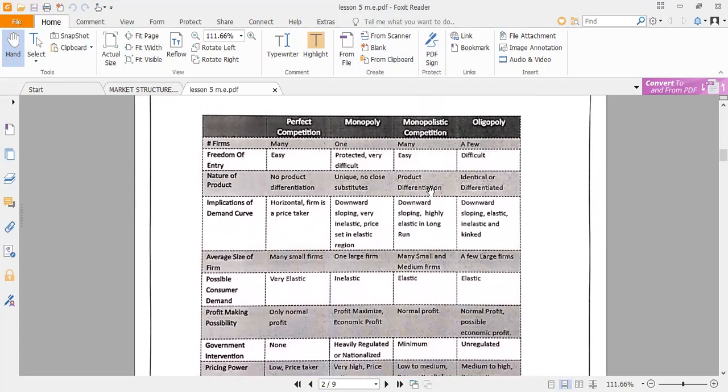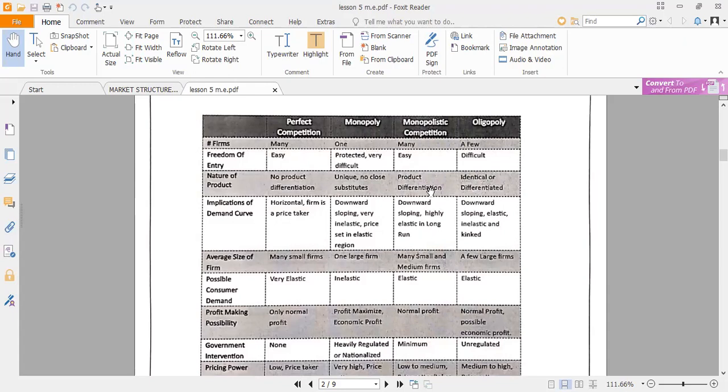There's what we call product differentiation. The goods here attempt to be heterogeneous because they are differentiated. You have Colgate, you have Aqua Fresh, all of them are producing toothpaste, but they are differentiated in their branding. There's huge branding that happens there.